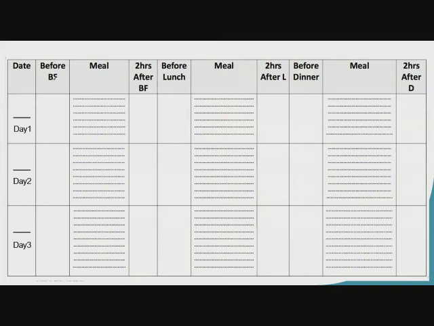So this person woke up, and after checking the blood glucose before breakfast, or the fasting blood glucose, the result was 170 milligrams per deciliter, or 9.4 millimoles. And that is a high fasting blood glucose level.